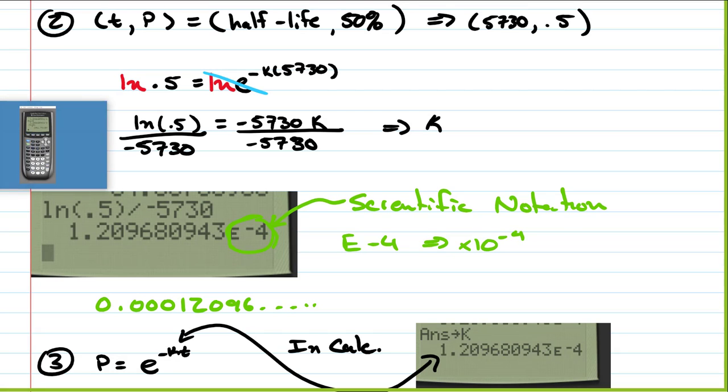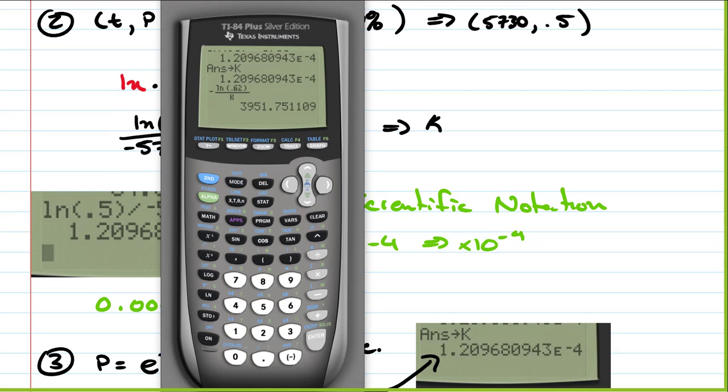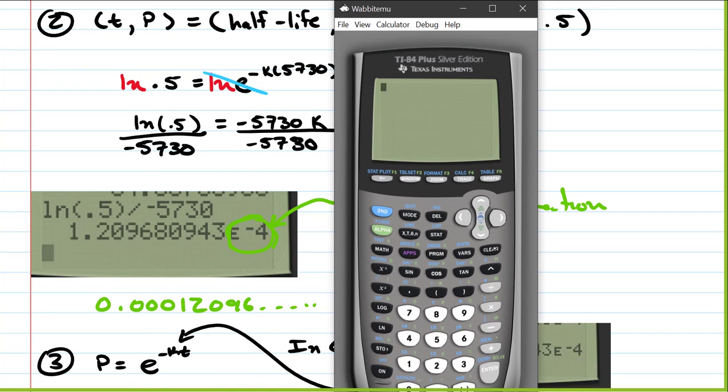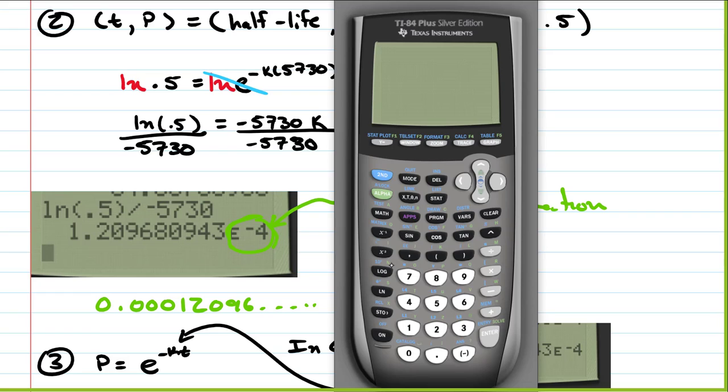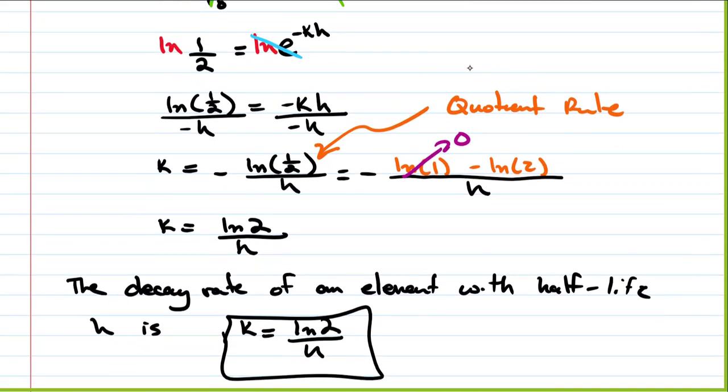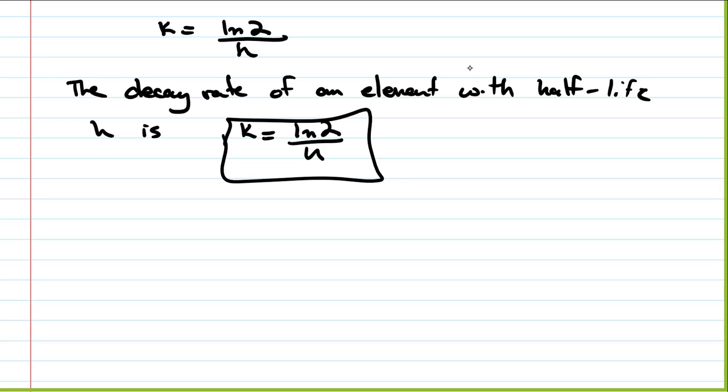We could have skipped all that because we knew the half-life. So in radioactive decay problems, we can get k for free by taking the natural logarithm of 2 and dividing it by the half-life, which was 5,730. And notice we get the same value. You don't have to do this, but it will save you a little bit of time if you do. So there is a formula for us to calculate the decay rate.